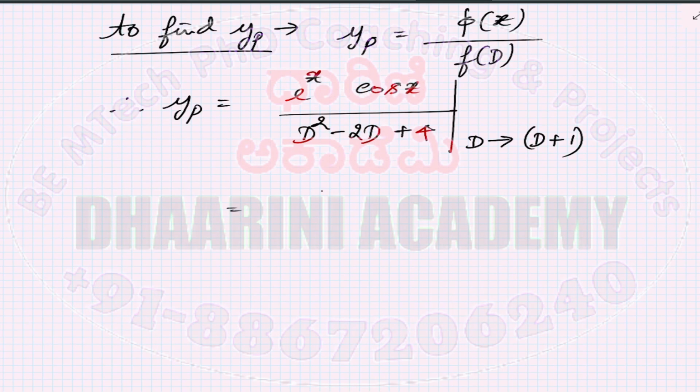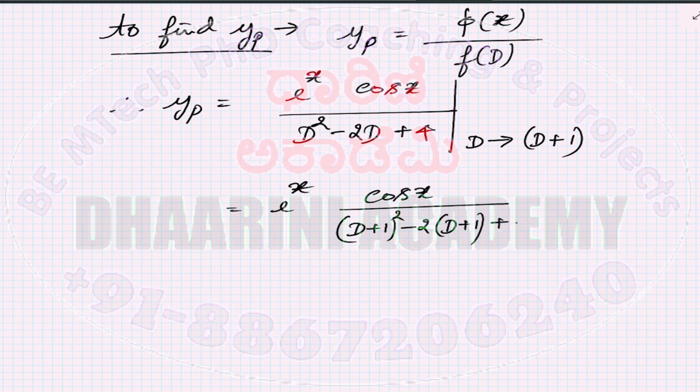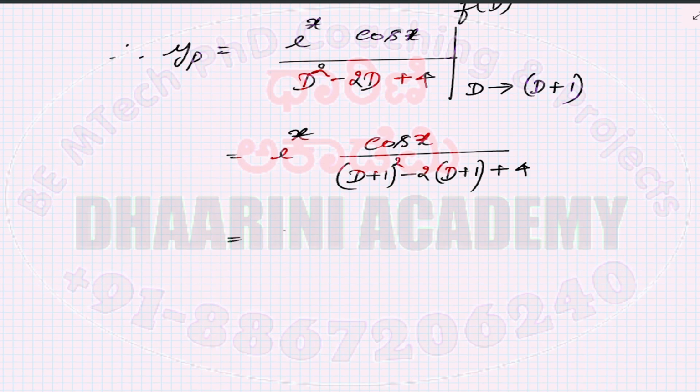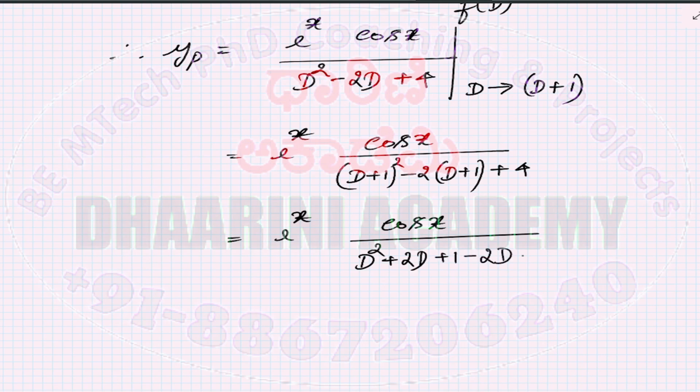Okay, so this means this is equal to, I'll write the e to the x separately now, this is simply cos x divided by, this is d plus 1 the whole square minus 2 times d plus 1 plus 4. So this is equal to e to the x into cos x divided by d plus 1 the whole square is nothing but d square plus 2d plus 1 minus 2d minus 2 plus 4.